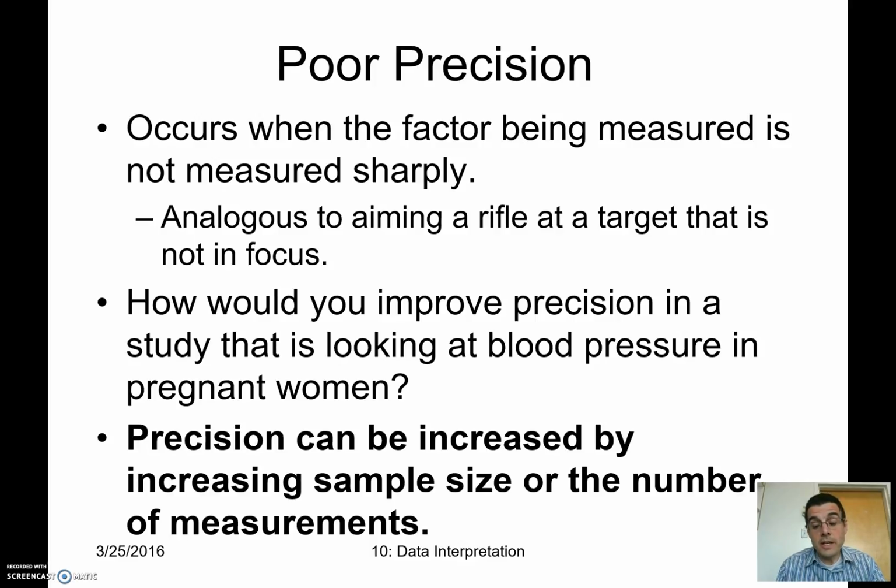So if you're only looking at 10 women and you have poor precision, as in the findings you're expecting to find are not exactly what's coming out with the data that you're collecting, you can increase your sample size or increase the number of measurements, how often you would take a measurement.